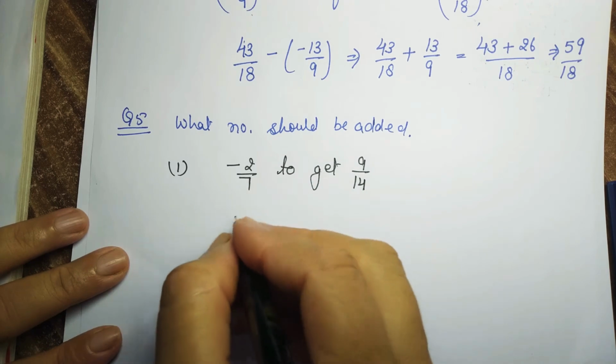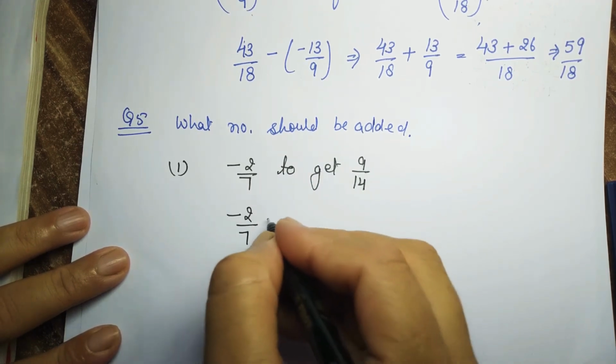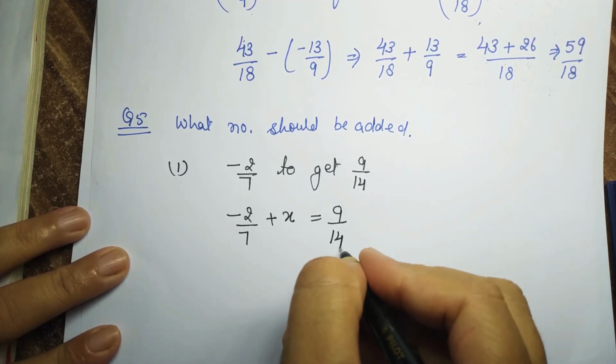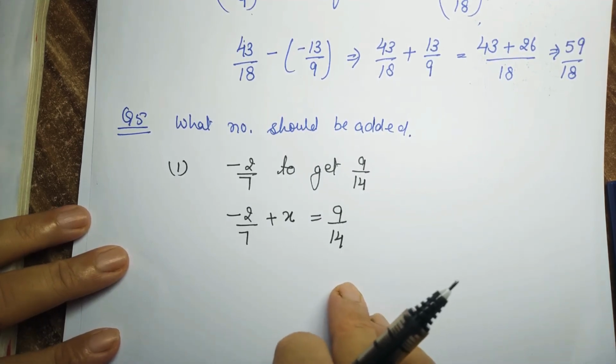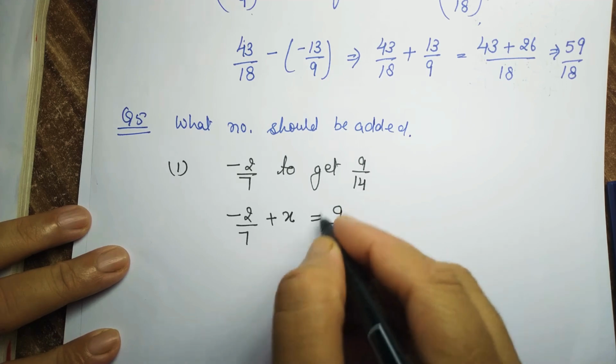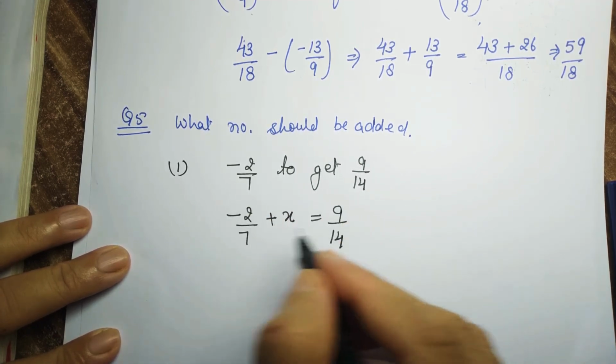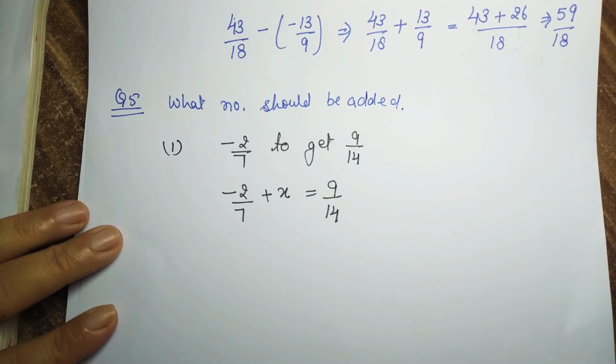So students, if we write this question as an equation, what number should I add in this to get 9 by 40? Now this question becomes like a fill-in-the-blank. From the total we subtract the first one.